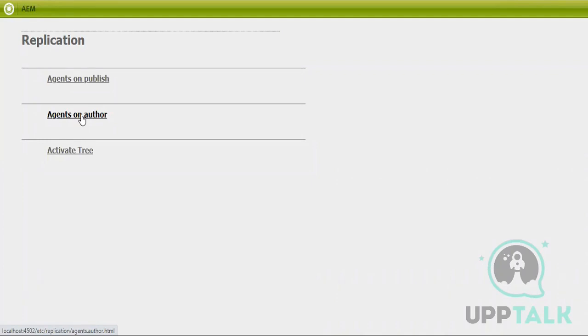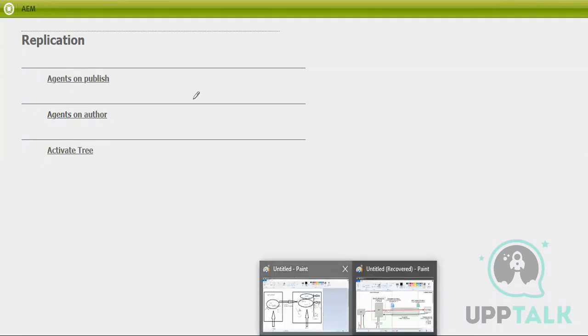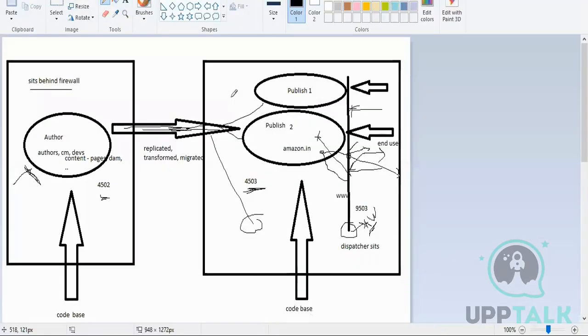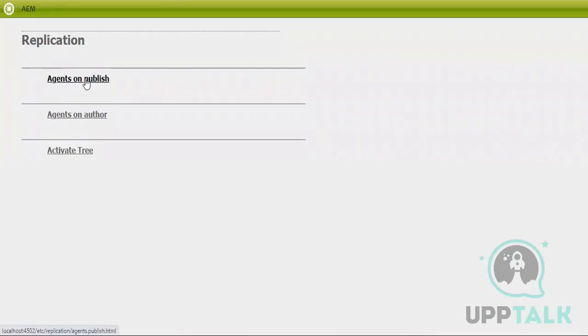In case you have, say, a blogging website where content from publisher has to be transferred to author, that means reverse replication, or RR. In that case, the agent will sit on our publisher instances, and the agents will be configured over here, under Agents on publish.